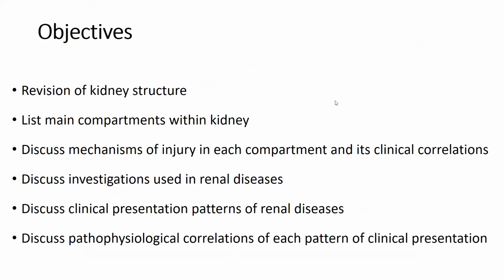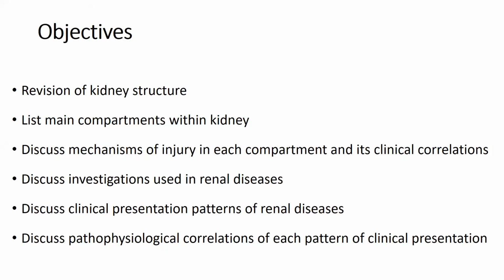With that, during the talk today and yesterday, I've tried to revise a little bit about the kidney anatomy and the microstructure of the kidney. I've highlighted the importance of looking at different compartments within the kidney, the blood vessels, the glomerulus, tubules, and the interstitium separately.